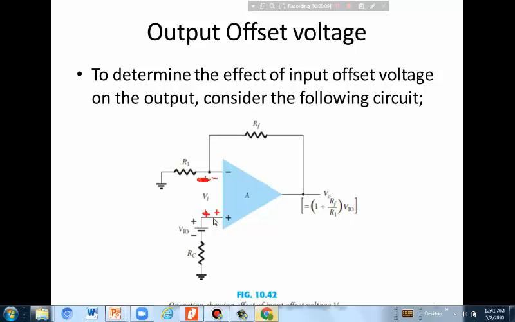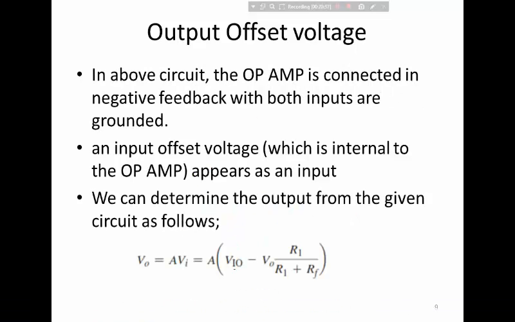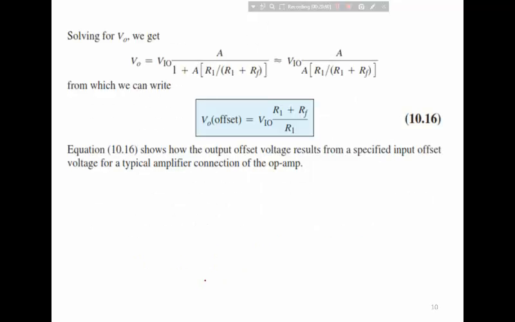So Vi is the voltage at this terminal minus the voltage at this terminal. The voltage at this terminal is VIO, and the voltage at this terminal is the voltage across R1, which can be computed using the voltage divider formula, that is Vo times R1 divided by R1 plus RF. So this is the voltage, and if we solve it for Vo, we will get this expression.